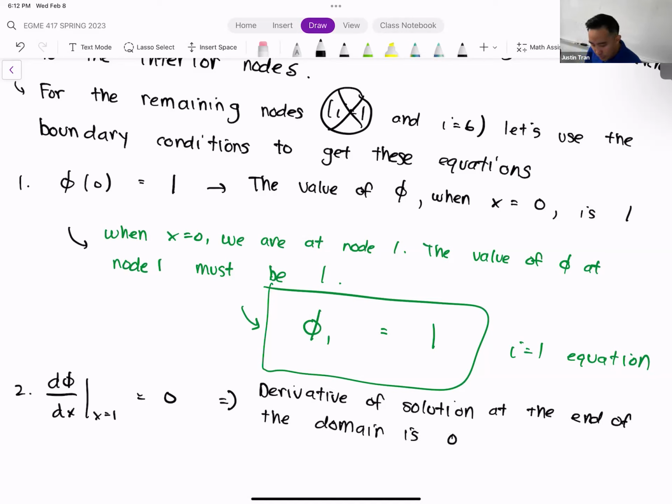If I describe this in words, this basically says that the derivative of the solution at the end of the domain is equal to 0.